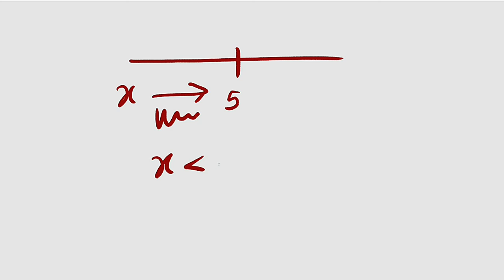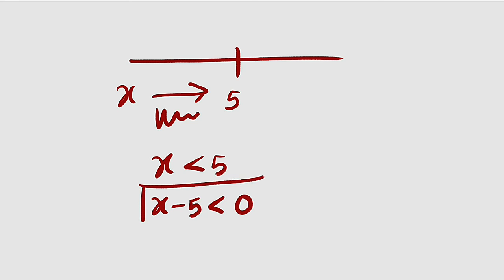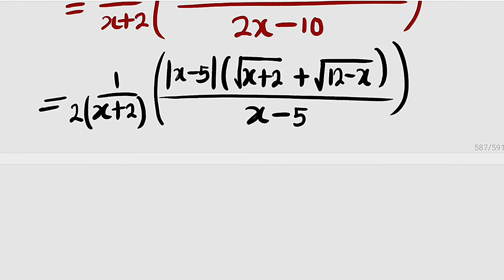Therefore, x is less than 5, right? And if you subtract 5 from both sides, you have x minus 5 less than 0, which means that x minus 5 is indeed negative. It means that the content of the absolute value, x minus 5, is negative.